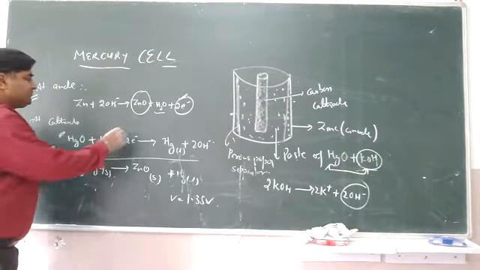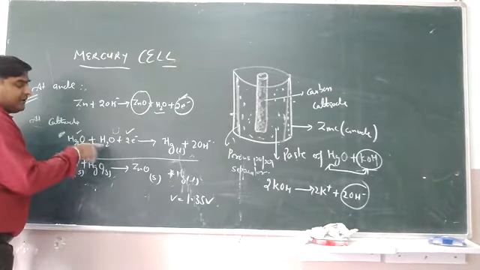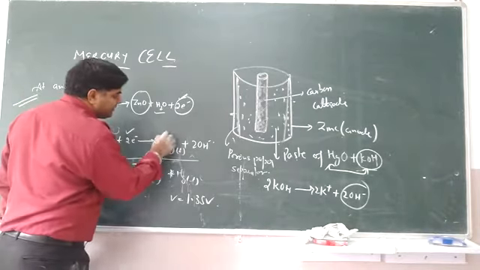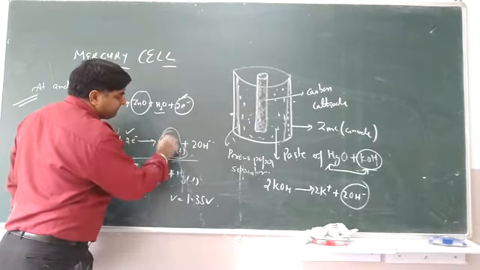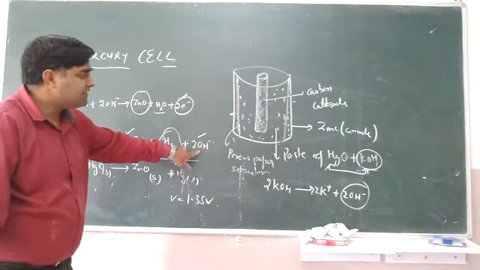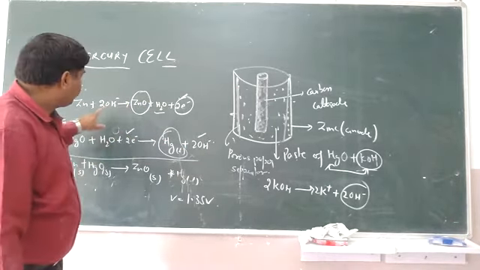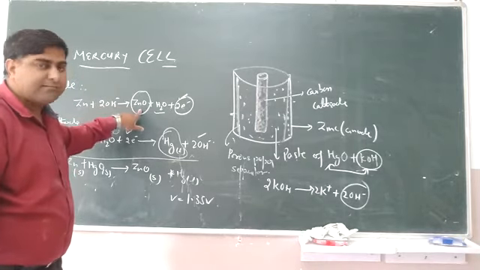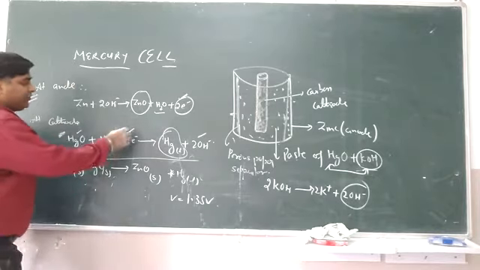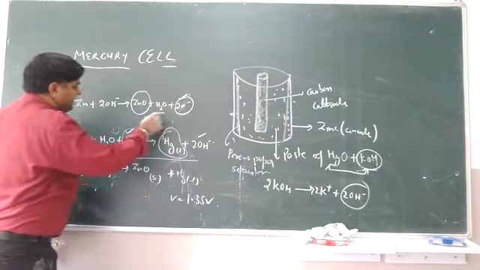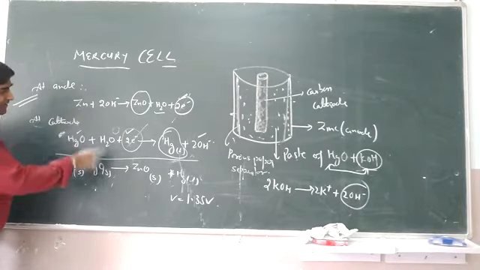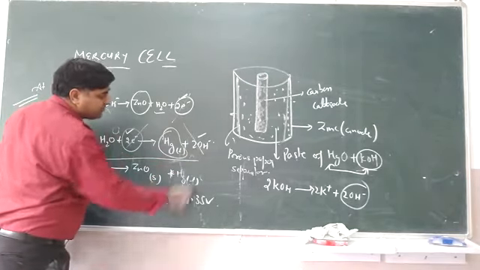When they reach the solution, mercuric oxide in the presence of water gains two electrons, gets converted to mercury and releases hydroxide ions. These hydroxide ions are again gained by zinc to form zinc oxide, and the reaction continues. In the overall reaction, the two electrons get cancelled. The 2H also got cancelled.